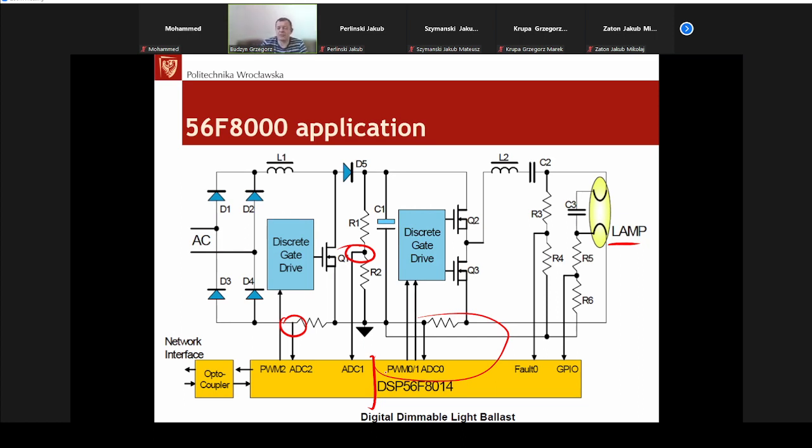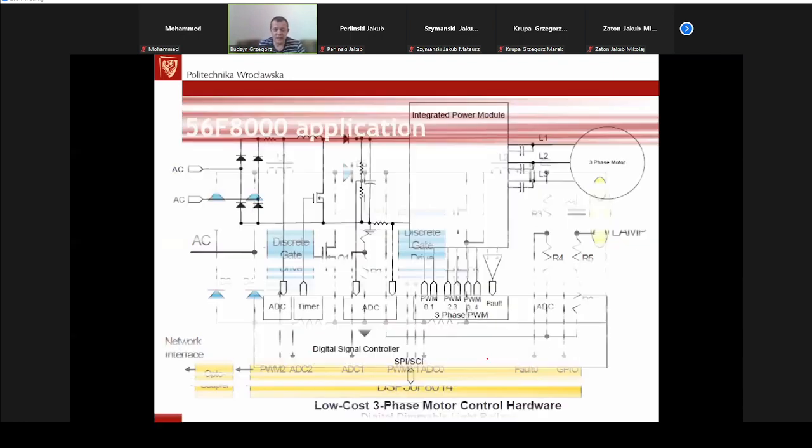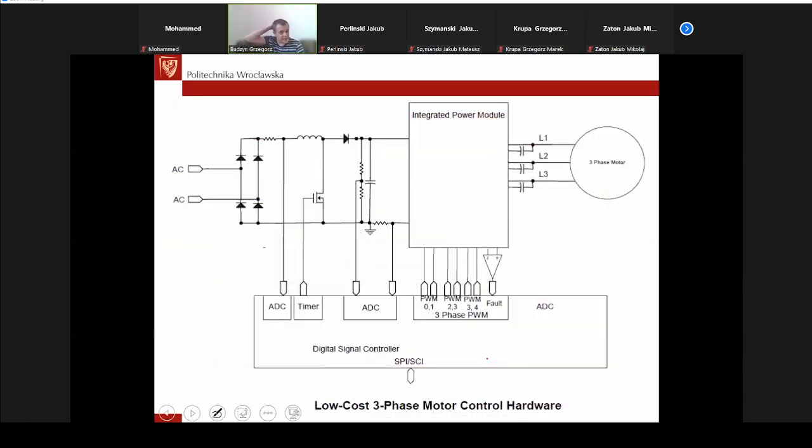There is a measurement going on, checking that the operation is going well and the current flowing is fine. Again, real-time operation is required because the data come from the sensors all the time, and then comes the response with the driving of the transistors.